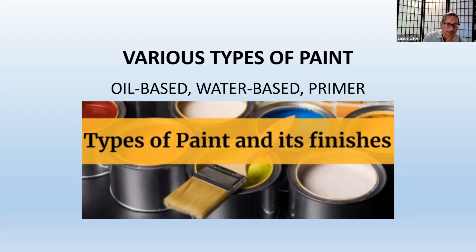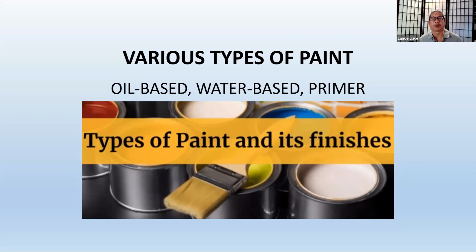And the drying time is probably 24 hours or 8 to 24 hours, depending on ventilation, humidity, sun, shade, and those kind of things. Water-based paint is commonly described as either a latex or acrylic paint, and it takes less time to dry, but it's less glossy and less durable. And by the way, exterior paint could be oil-based or water-based.